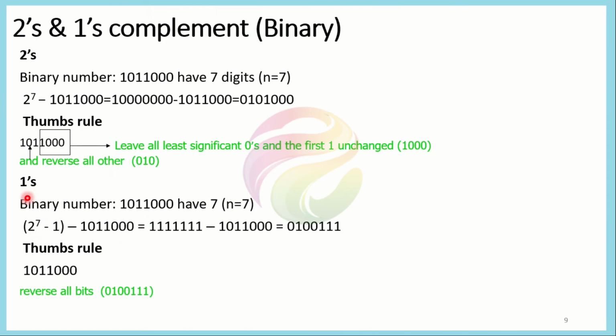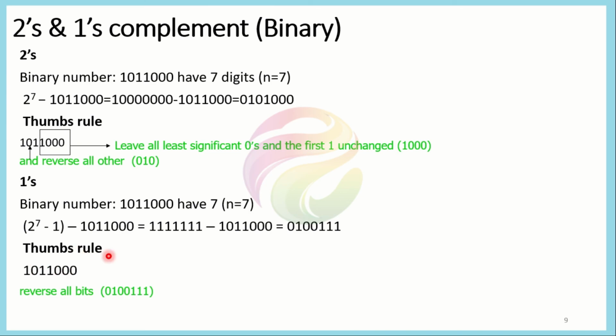for the ones complement and the tens or the nines complement, this thumb rule or shorthand is very simplified. How? Because if you just look at the thumb rule for the ones complement, how we can calculate it is that we just reverse all the bits. We just change all the bits that are 0 to 1 and all the bits that had a value of 1 to 0. So by just changing the values of all the bits, we can easily calculate the ones complement.